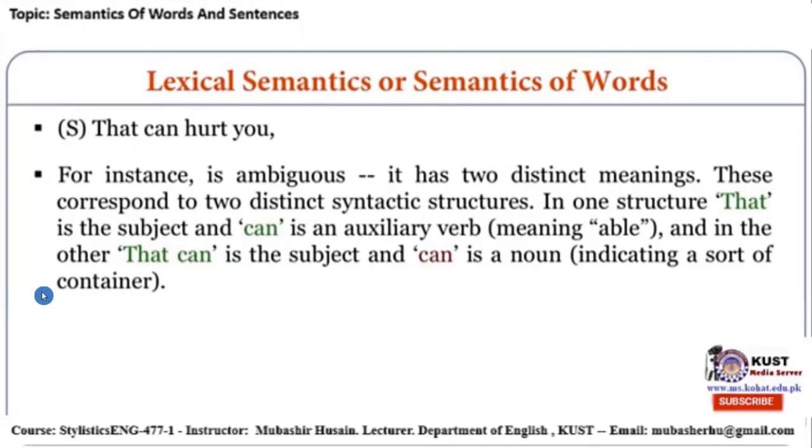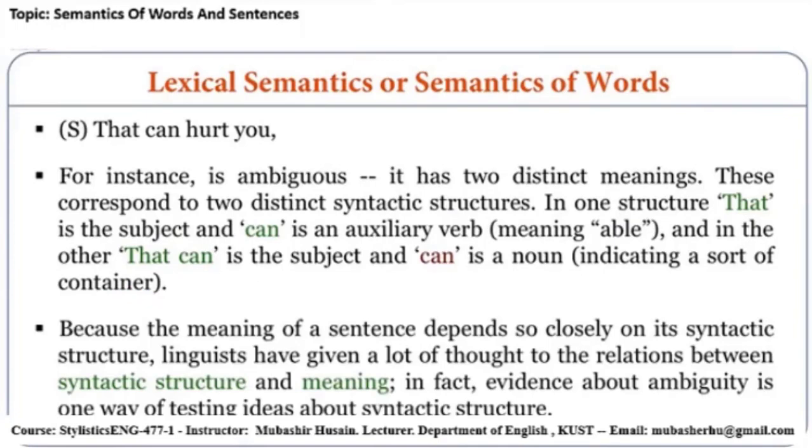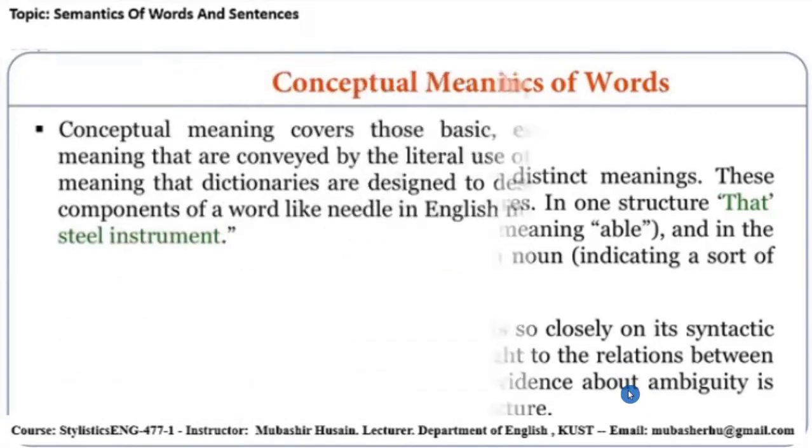"That can hurt you" means that the thing is able to hurt you. But it can also mean the container can hurt you. Because the meaning of the sentence depends so closely on its syntactic structure, linguists have given a lot of thought to the relations between syntactic structure and meaning. In fact, evidence about ambiguity is one way of testing ideas about syntactic structure.